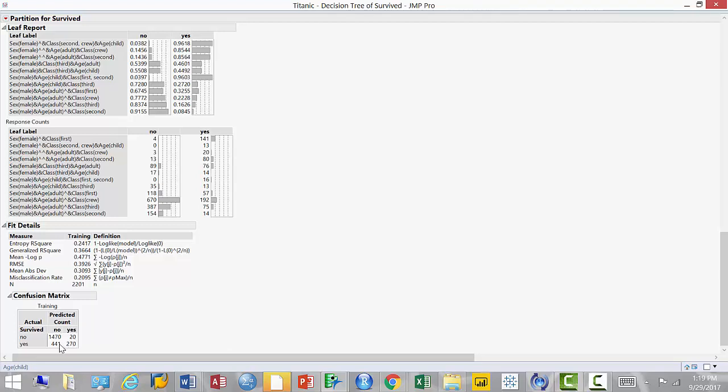And 441, I said no when they were actually yeses. So if you add them together, 461 divided by 2,201, you will get that number. So my model misclassified approximately 21% of the observations, 20.95%. So that's the performance measure.